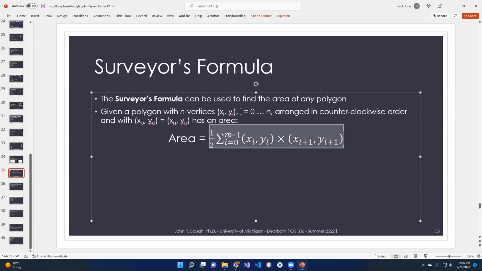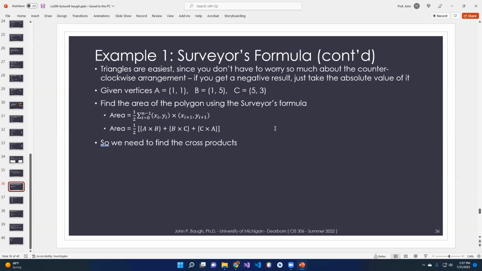So you have 1/2 times the sum from 0 to n minus 1 of x sub i, y sub i times x sub i plus 1, y sub i plus 1. To make this a little bit more realistic, we're going to use an example. Triangles are the easiest because you don't worry too much about the counterclockwise arrangement.